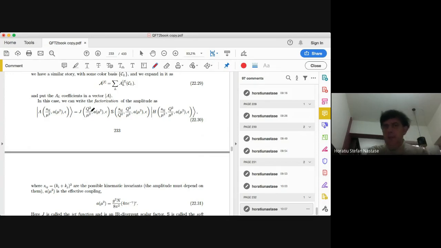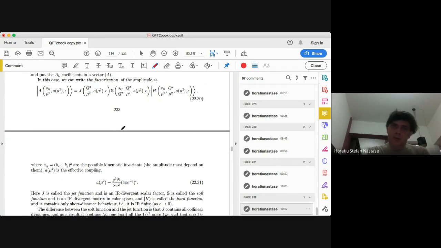All three objects depend on the ratio of these two arbitrary scales, Q squared over mu squared. But the hard part and also the soft function S depend also on the ratio of the hard external momenta, Sij, divided by Q squared.